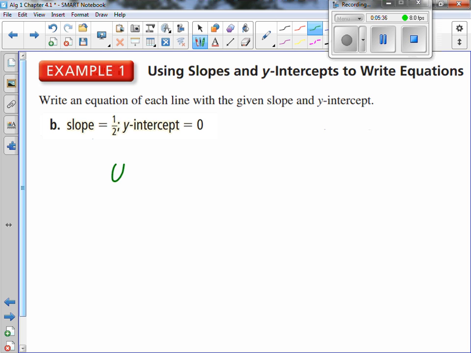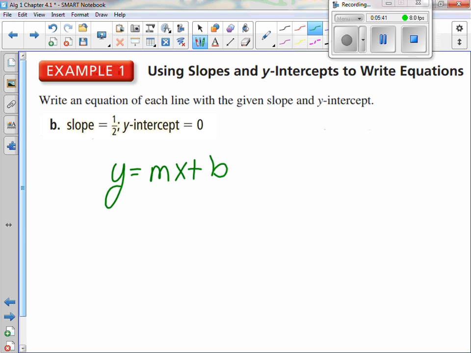Let's look at another one. Y equals mx plus b, where m is the slope and b is the y-intercept. Now, what's our slope for this problem? So y is equal to what? 1/2 x plus 0, because 0 is the y-intercept and 1/2 is the slope.